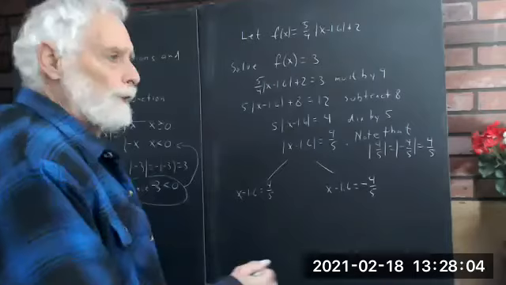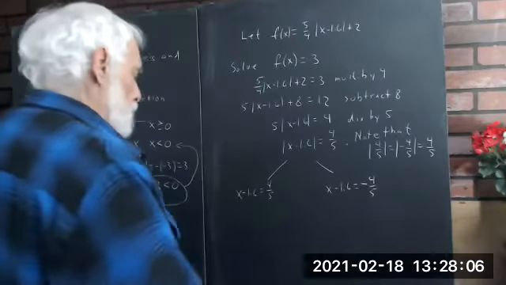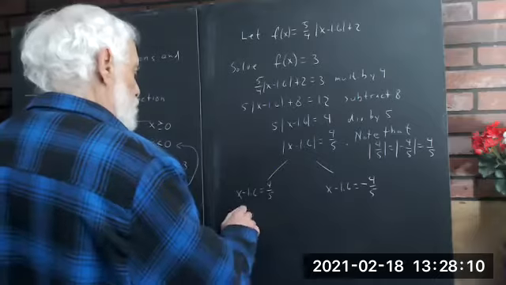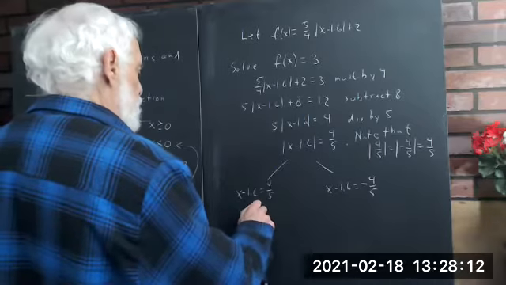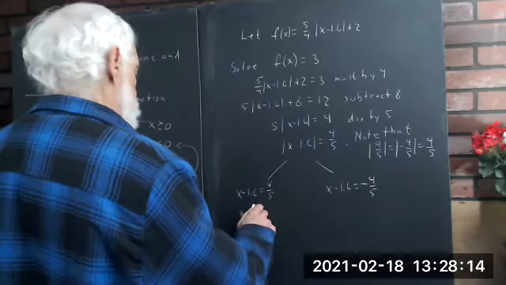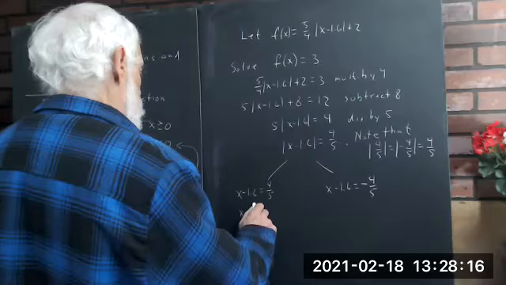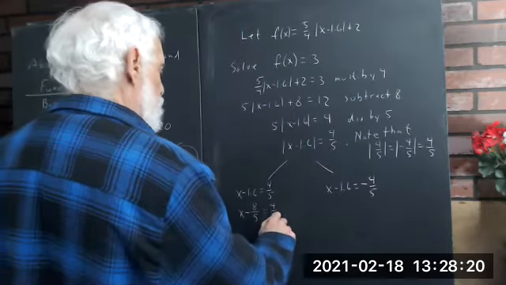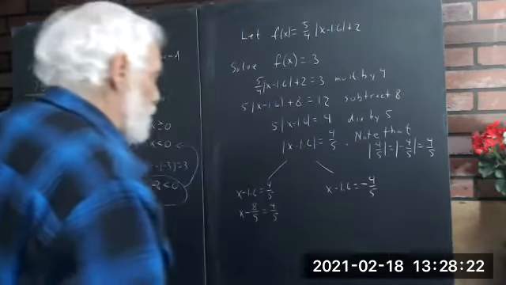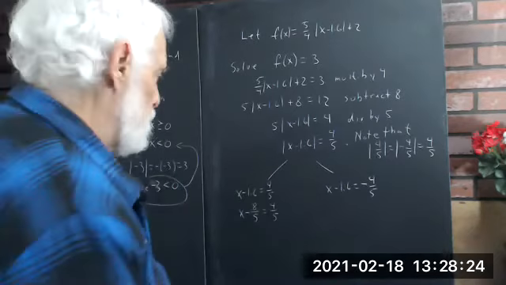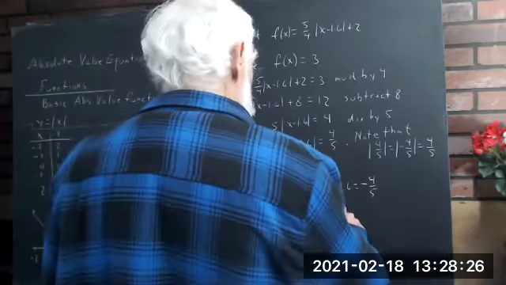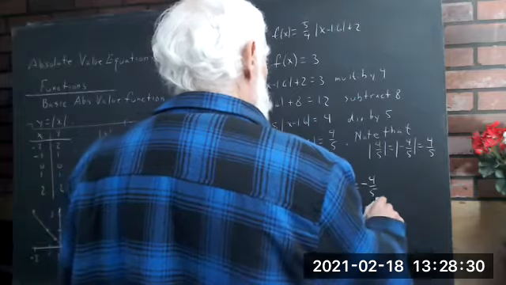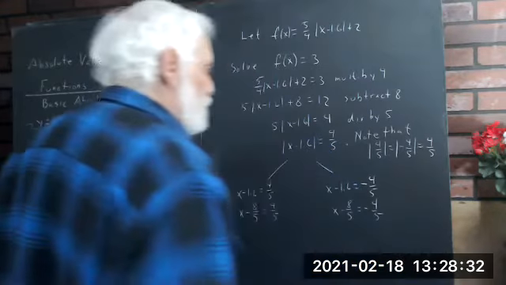Fraction operations, and depending on the polynomial, some of them are a pain, but not that difficult. So I'm going to convert this to x minus 8/5 equals 4/5, or x minus 8/5 equals negative 4/5.